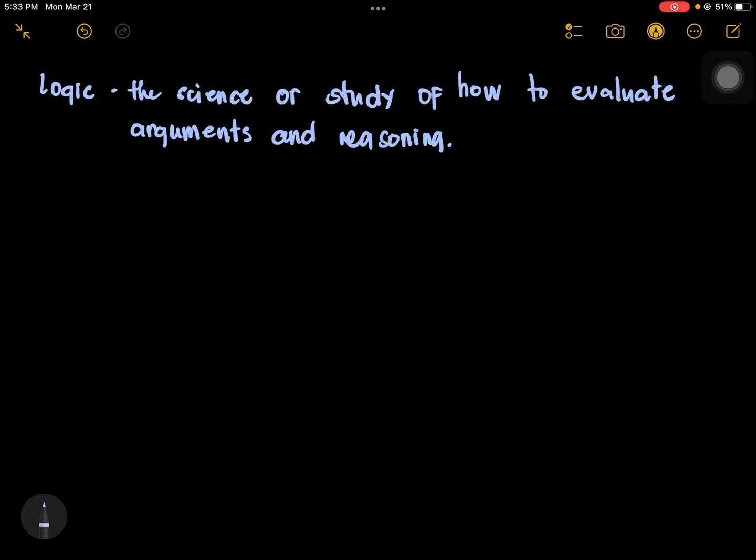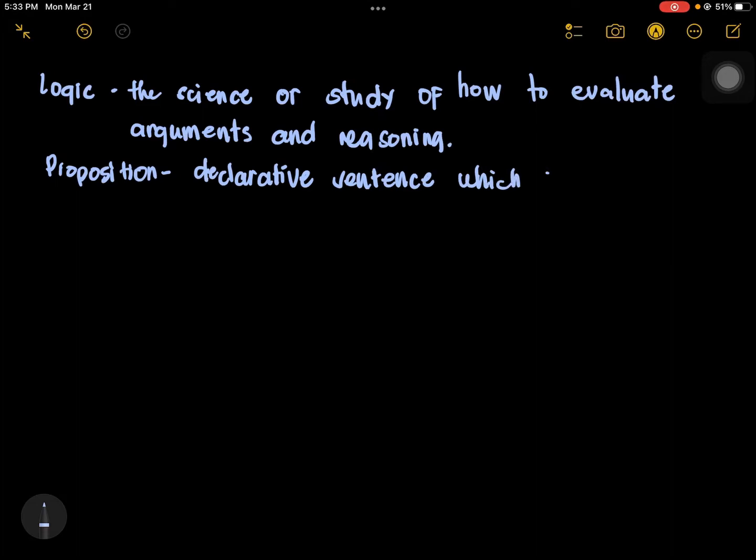Proposition or statement. So what is proposition? Proposition or statement is a declarative sentence which is either true or false, but not both.